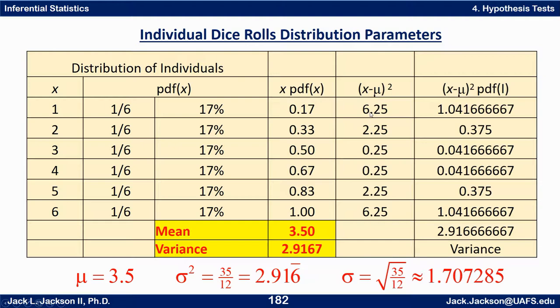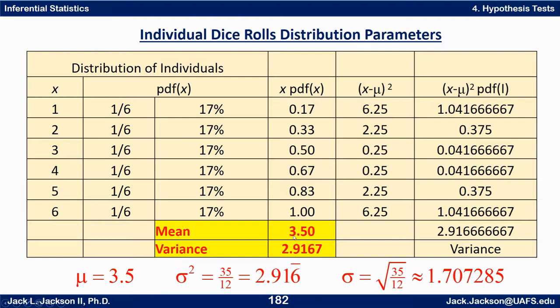You square that, you get 6.25. 2 minus 3.5 is negative 1.5, and square that, you get 2.25. 3 minus 3.5 is negative 0.5, square that, you get 1/4, or 0.25. 4 minus 3.5 is 1/2, squared is 1/4. 5 minus 3.5 is 1.5, squared is 2.25.